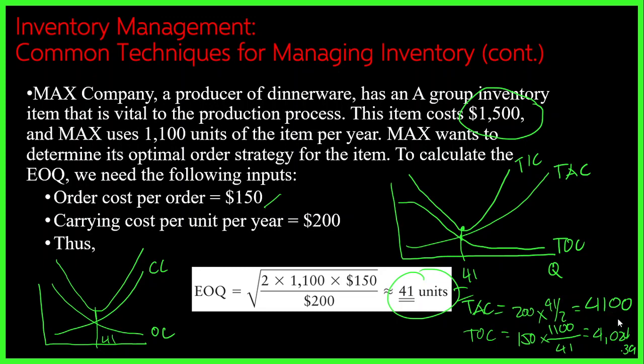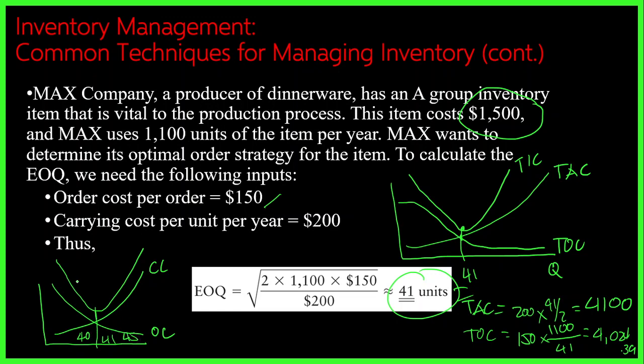Now let's just assume that they are equal, no? Going back to this graph. Let's assume that you are not allowed to buy at 41 units. Instead, you can only buy at, let's say, an amount divisible by 5. So you can only buy at 40, or you can only buy at 45.